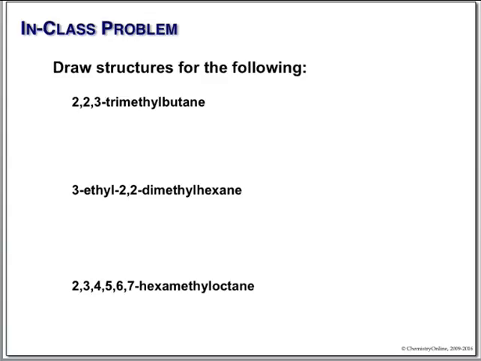Pick one end, call it carbon 1. On carbon 2, we're going to have 2 methyl groups. That's 2 little lines sticking out. And on carbon 3, we're going to have a 3rd methyl group. So our zigzag looks like this.